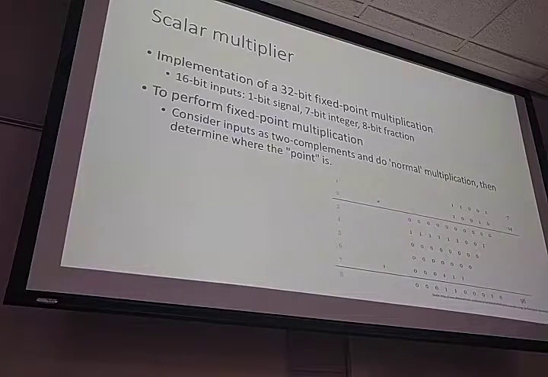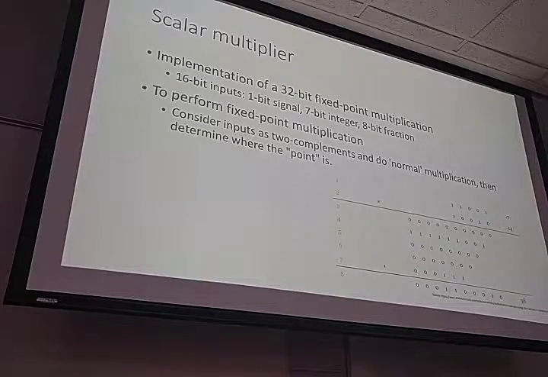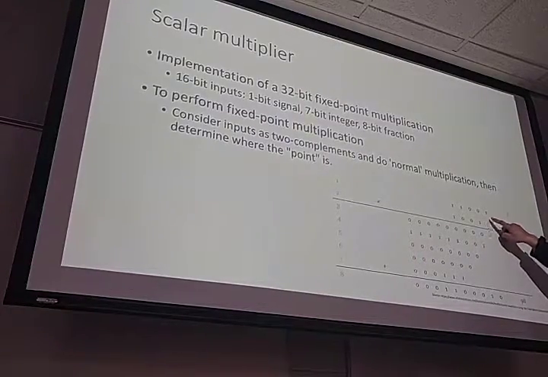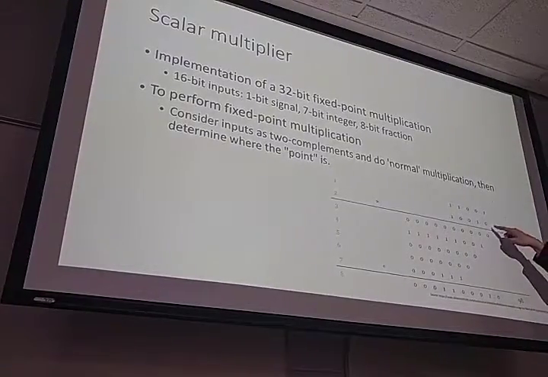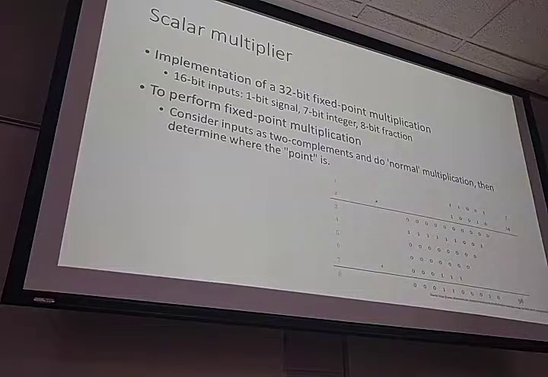So we got, for instance, here the scalar multiplier. The initial version was created in VHDL, as Vibrak has shown, and we also created another two. First of all, this is how scalar multipliers work. To perform a fixed-point multiplication, we consider both numbers as two's complement and do 8-bit multiplies from the multiplier, with each bit of the multiplicand.